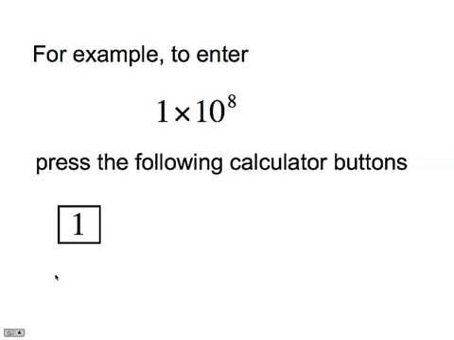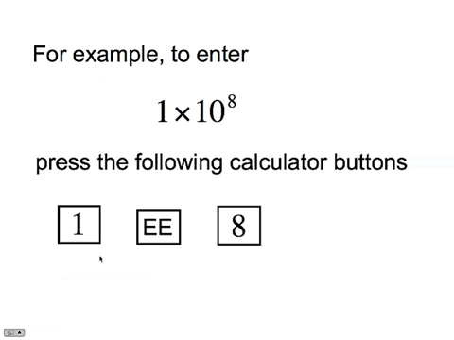And that represents 1 times 10 to the 8 power. Again, the Texas Instruments calculator uses the double capital E. Some scientific calculators only use a single capital E.